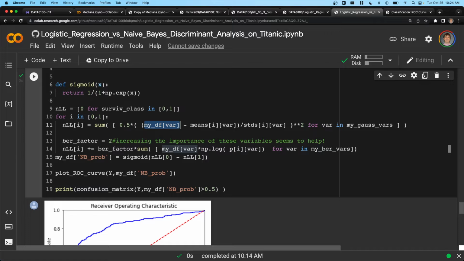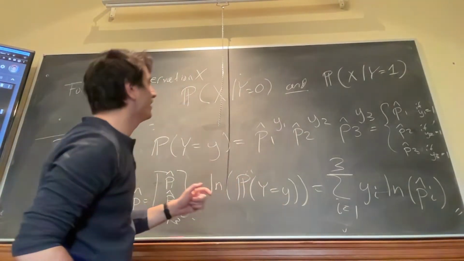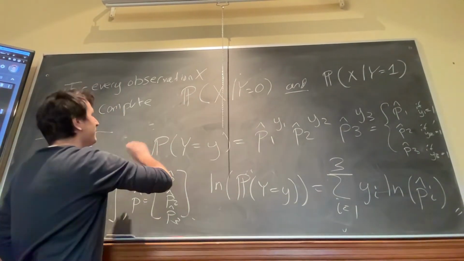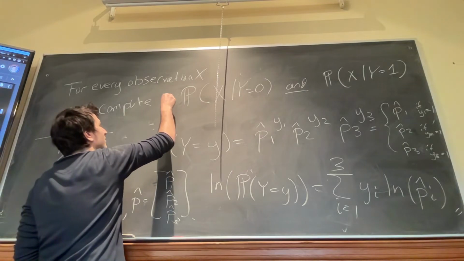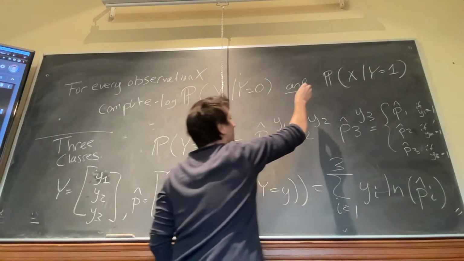We computed the means and variances for both classes in the previous block, and now we're going to compute these 2 probabilities. We're actually going to compute their logs, because that's what we actually need. So we're going to do the negative log likelihood.